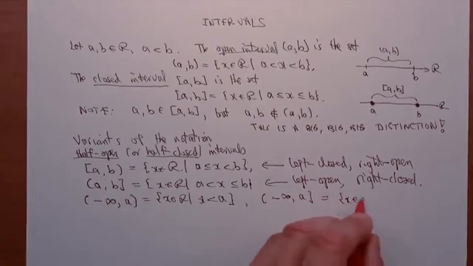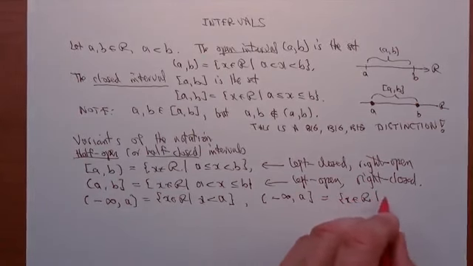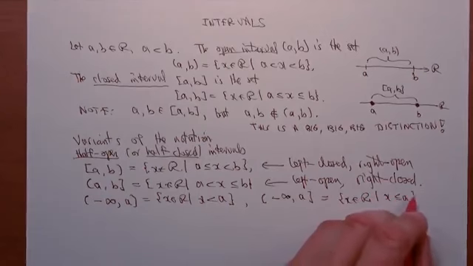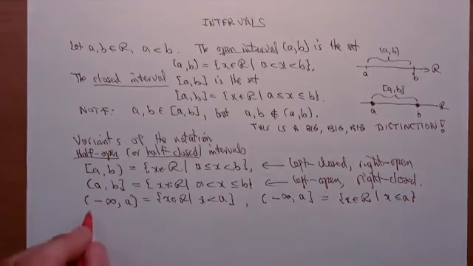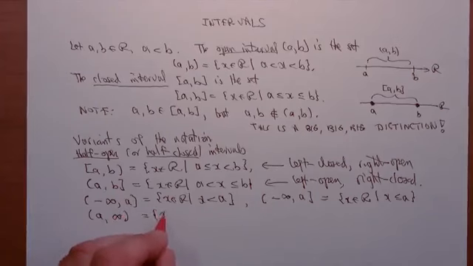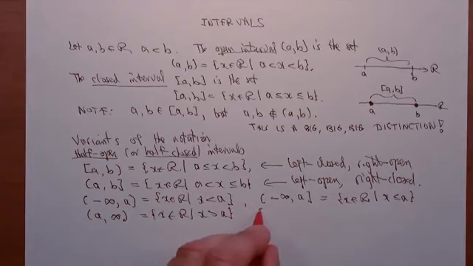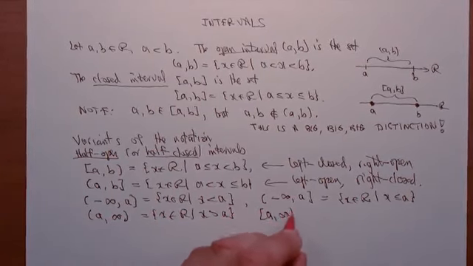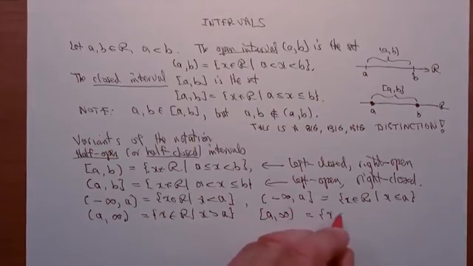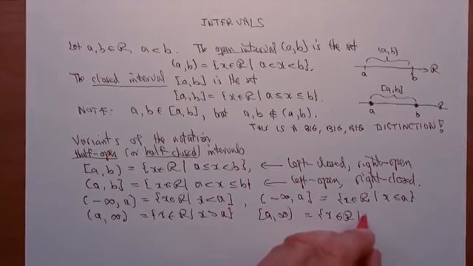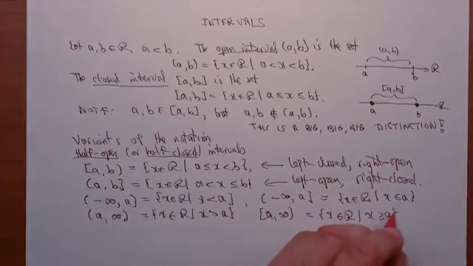That would be the set of all x in R such that x less than or equal to A. Similarly, I could have (A, plus infinity), which would be the set of all x in R such that x strictly greater than A. Or I could have [A, infinity), which is the set of all x in R such that x greater than or equal to A.